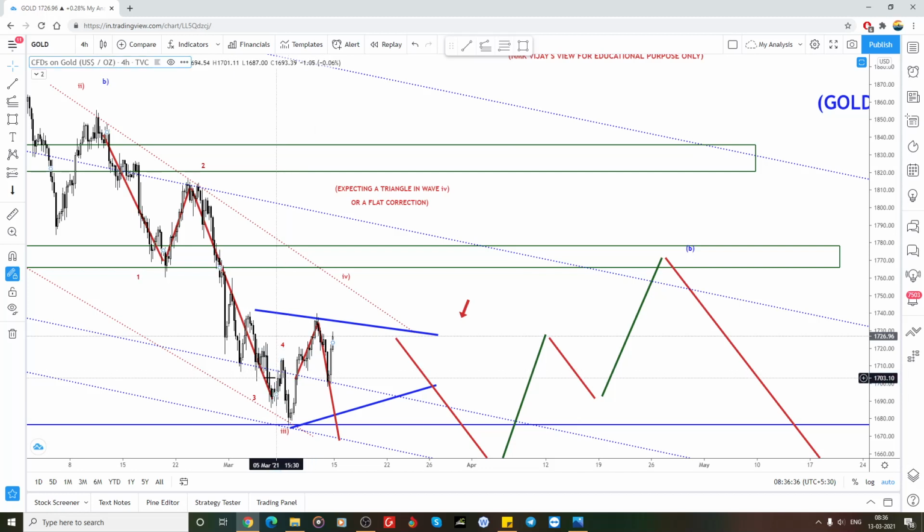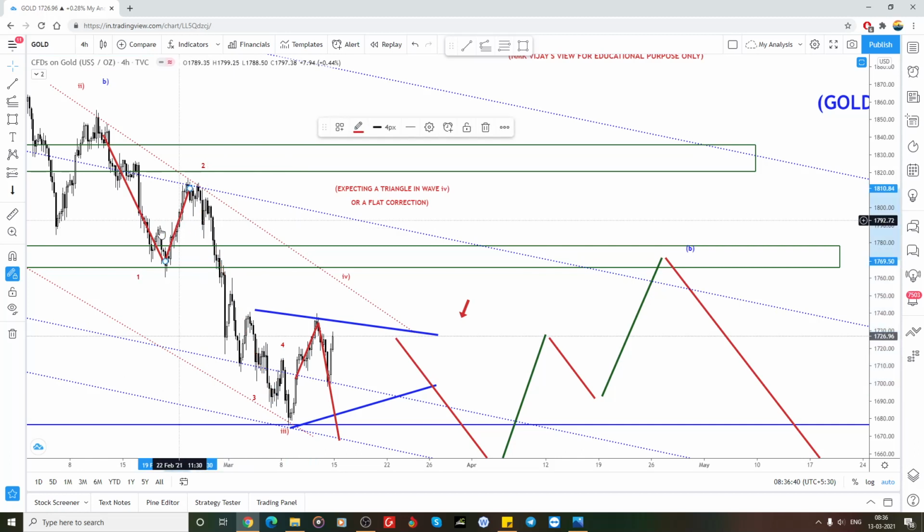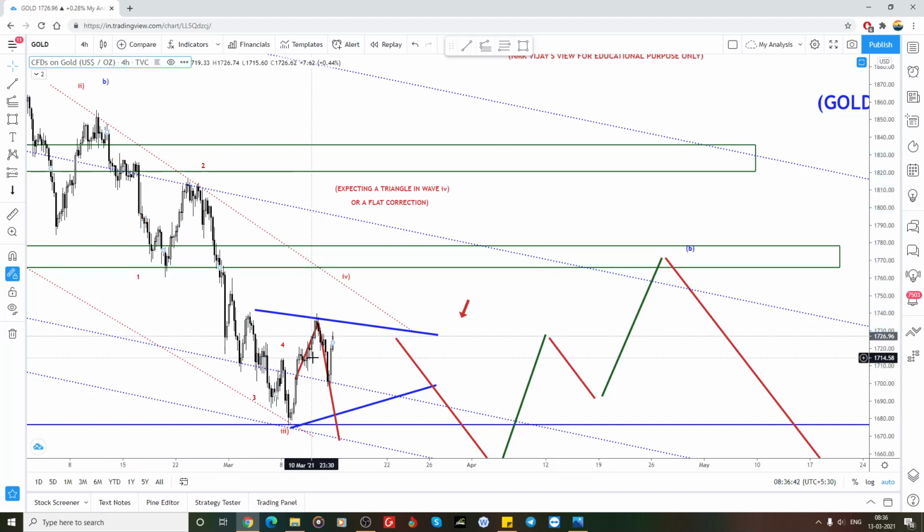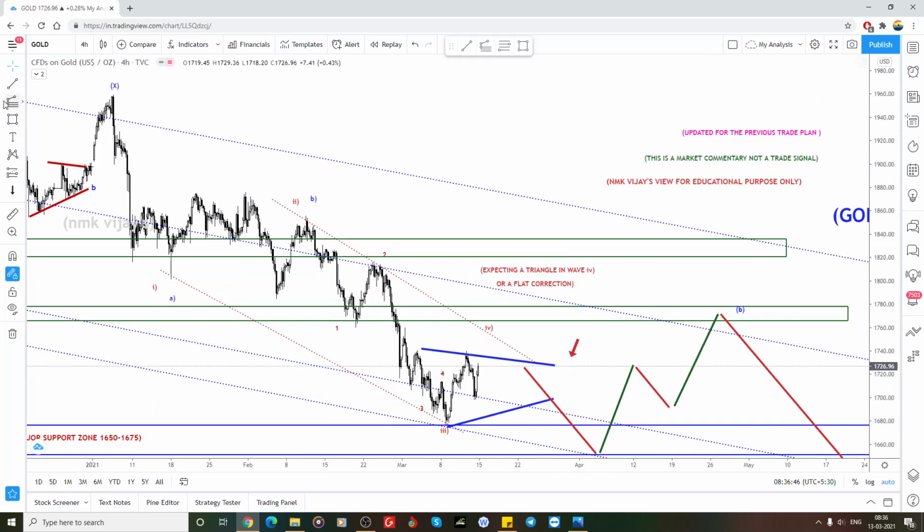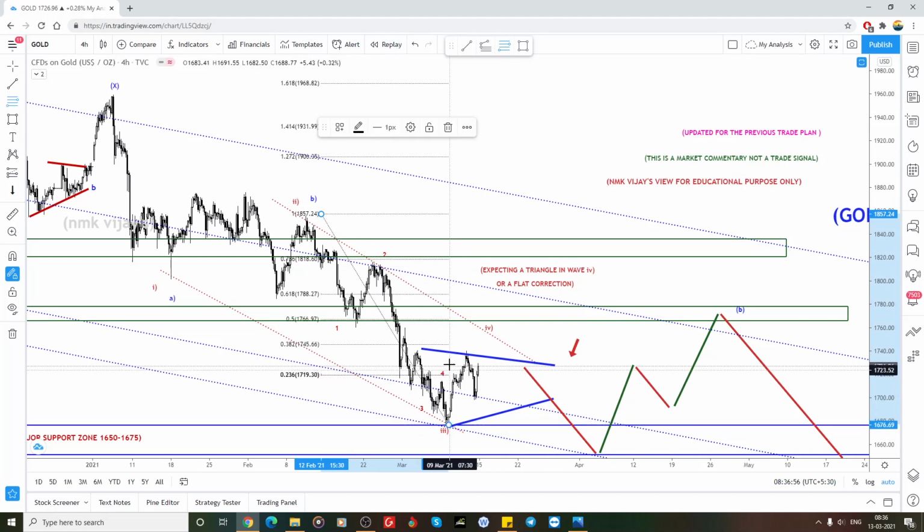So I had a doubt from here itself, that it could be a five-wave structure of A also. And this zone is exactly the third wave at 38.2, and that fourth wave is a 38.2 retracement of that third wave.